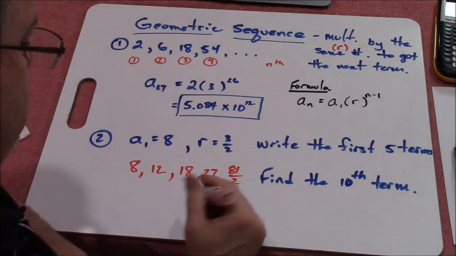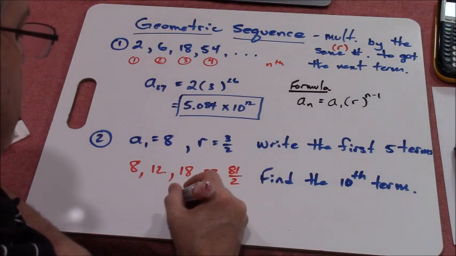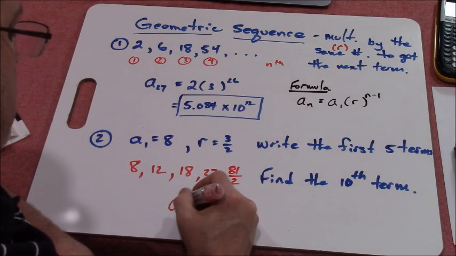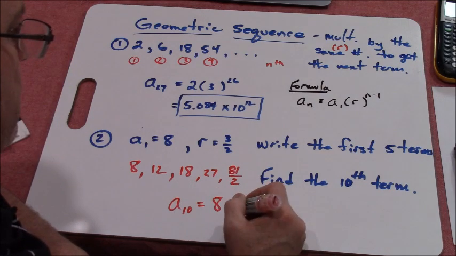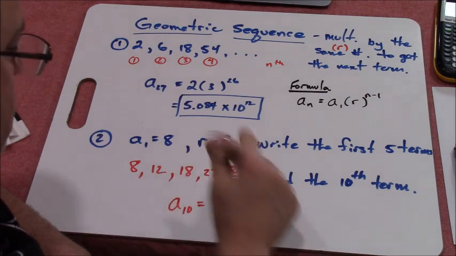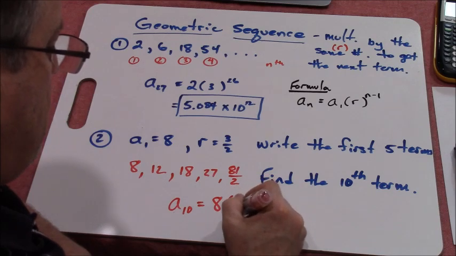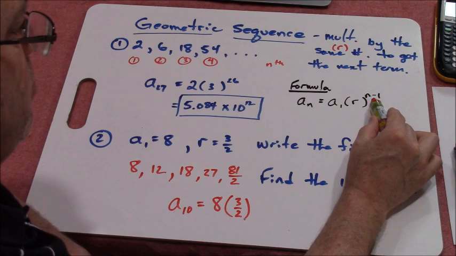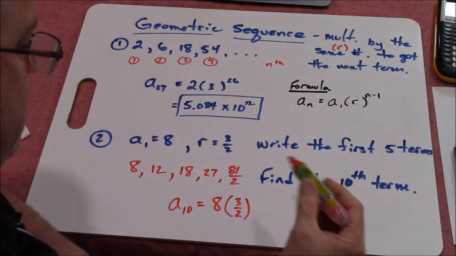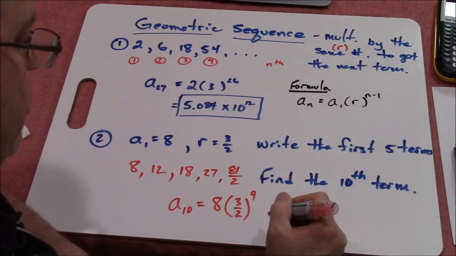Alright, so using our formula, I've got a sub 10 is going to equal my first term, which is 8. I know what I'm multiplying by. It's 3/2. And I want to raise that to the n minus 1. So 10 minus 1, that would be to the 9th power.